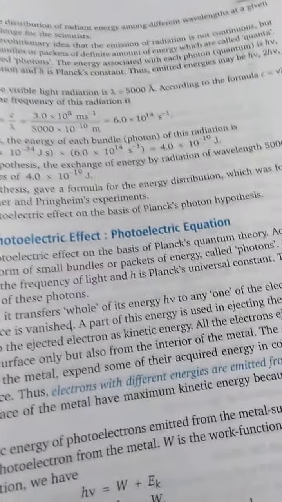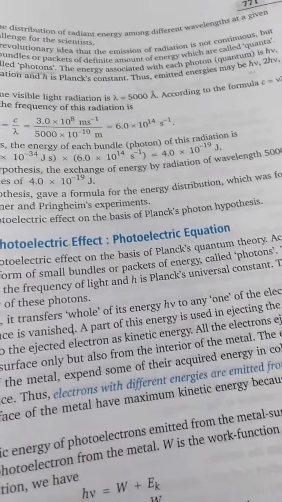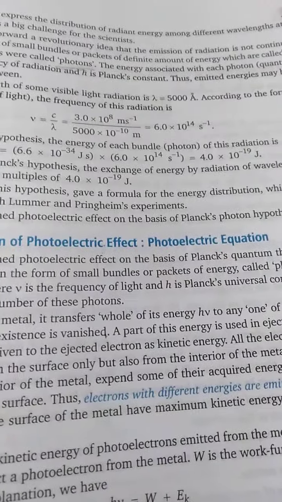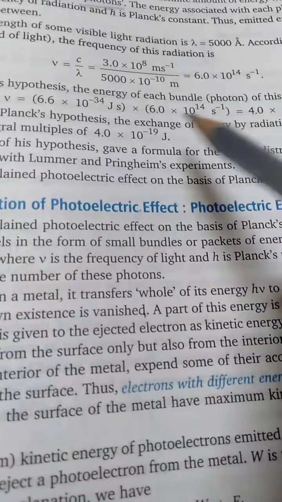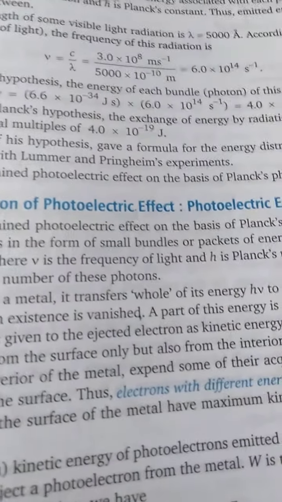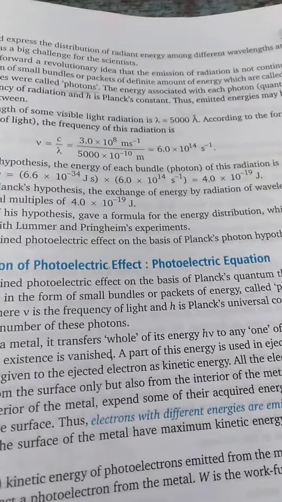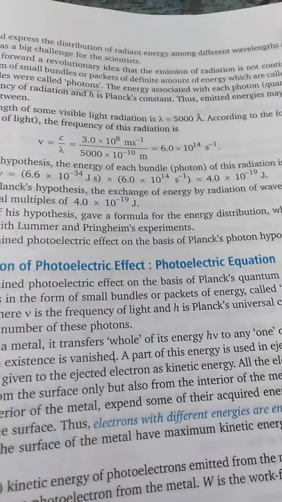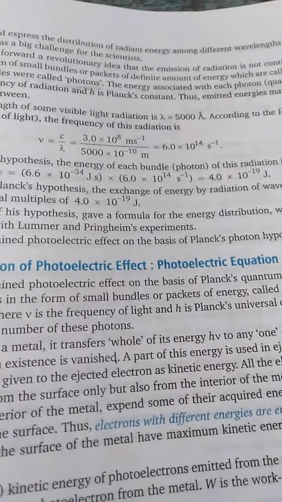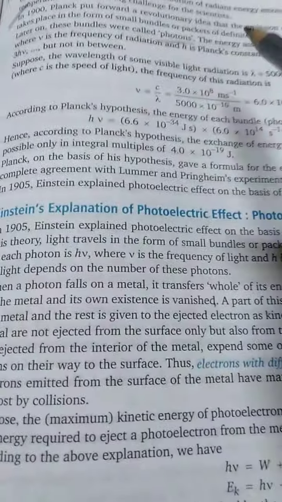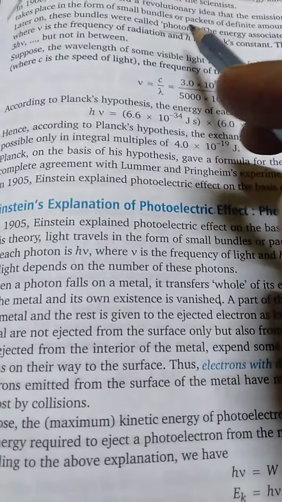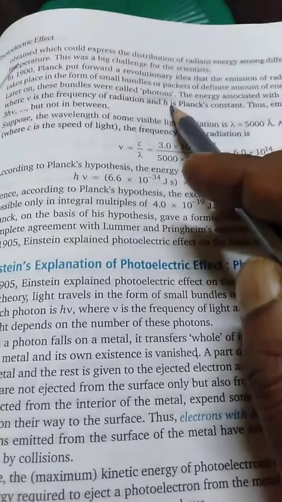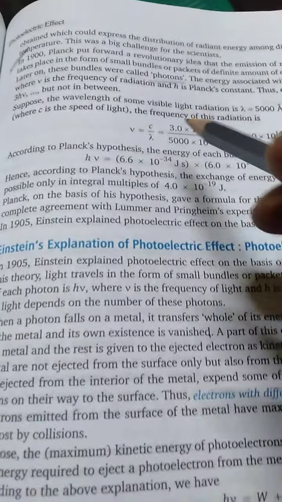The energy of every photon should be an integral multiple of h nu. So Planck gave the hypothesis that the energy we get from the photon is h nu. It does not depend upon the mass, because it depends upon the frequency, because photons don't have any rest mass.